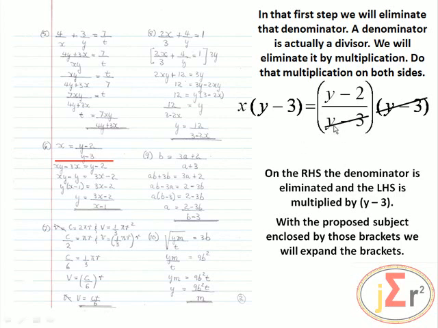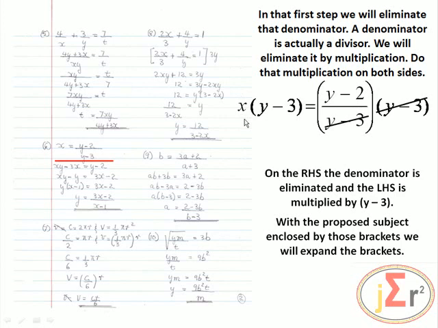When multiplying by this denominator, the denominator is comprised of two terms, y minus 3. So multiplying on the left hand side, we will have to take those two terms to multiply this x.